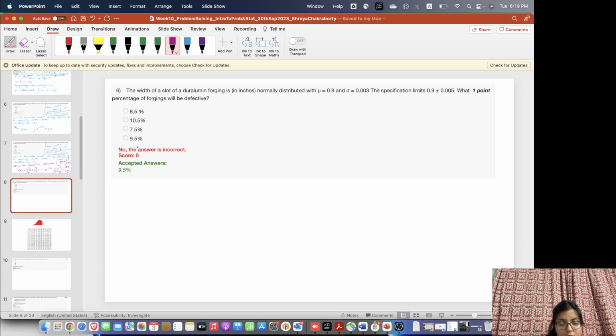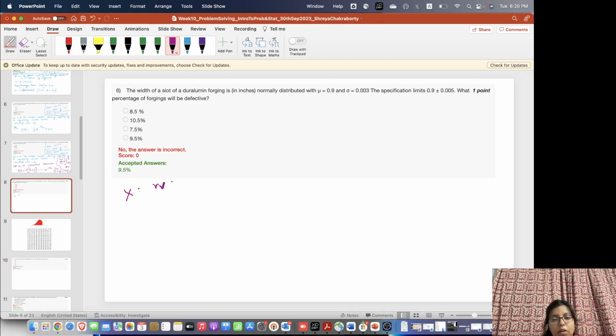What percentage of forgings will be defective? So X is our random variable denoting width of a duralumin forging.